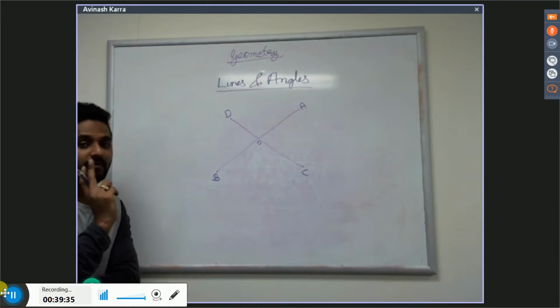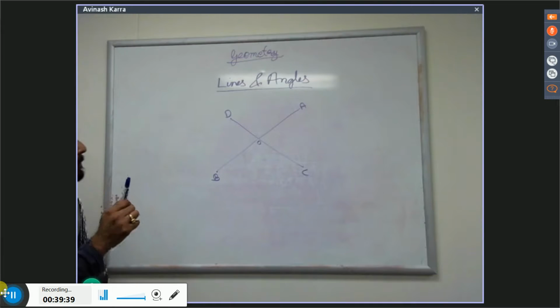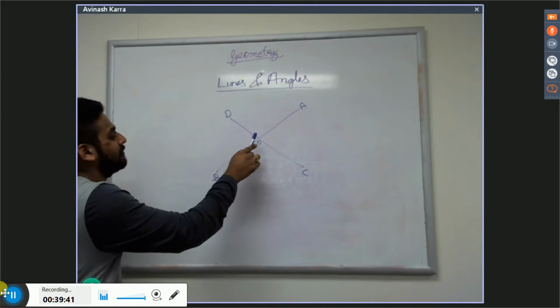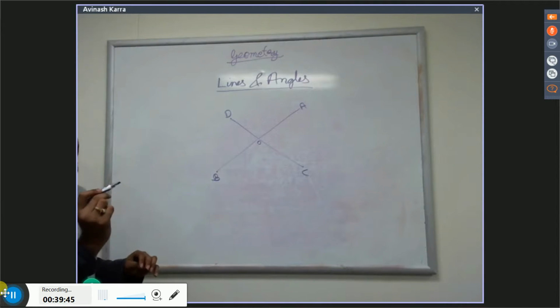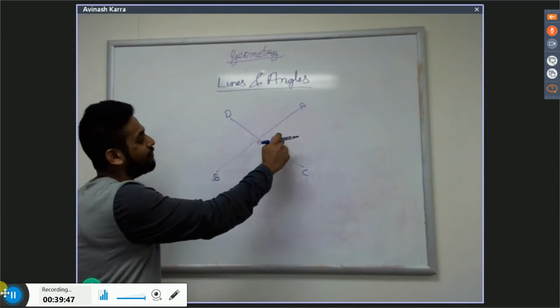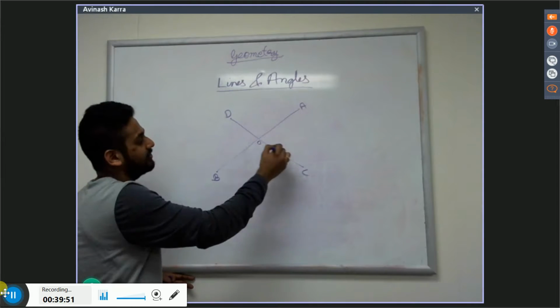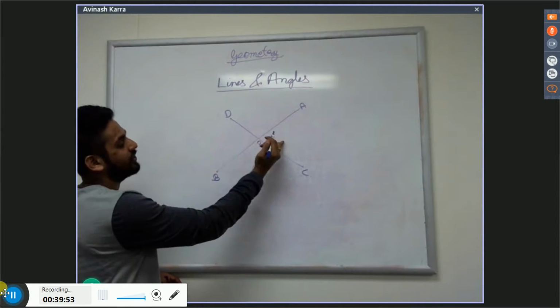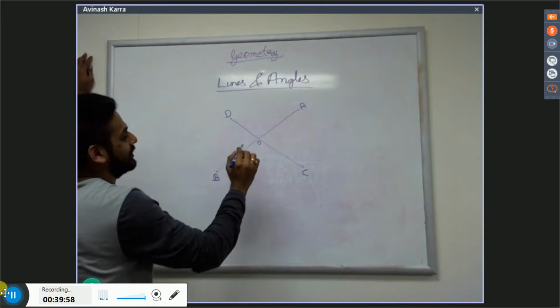Listen clearly. When 2 non-parallel lines intersect at some point, let us consider as O, the angles which are formed, the internal angles which are opposite are equal. Okay, let me put it this way.